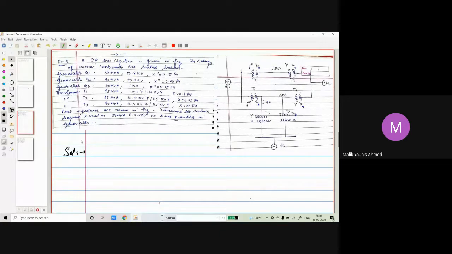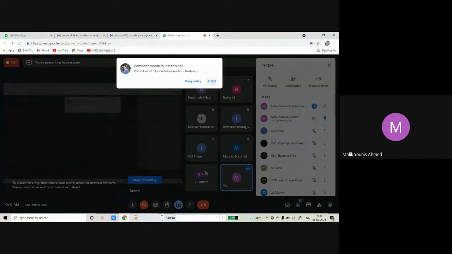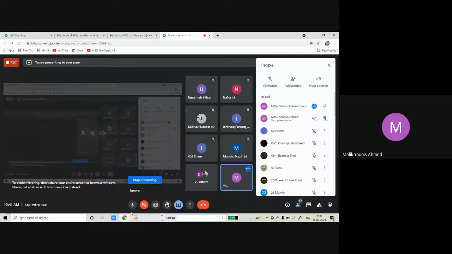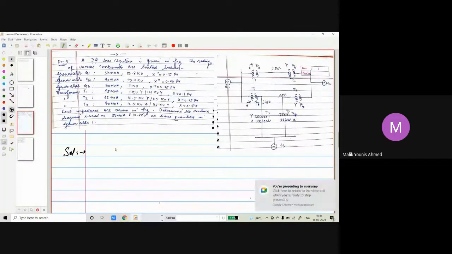Solution. In our analysis, again, we'll try to draw the reactance diagram based on the common system base which is given to us. This is the diagram for that.